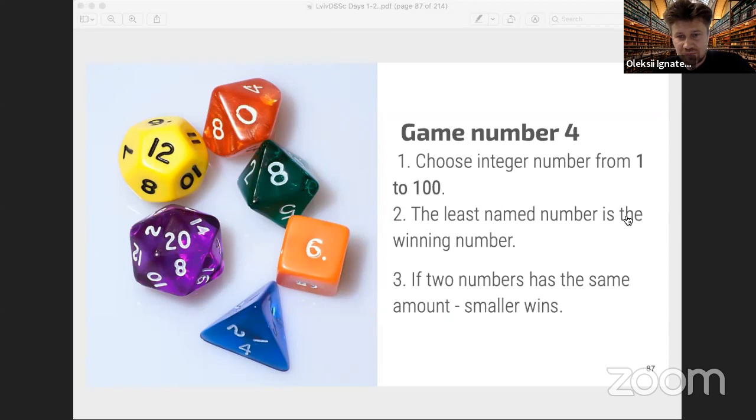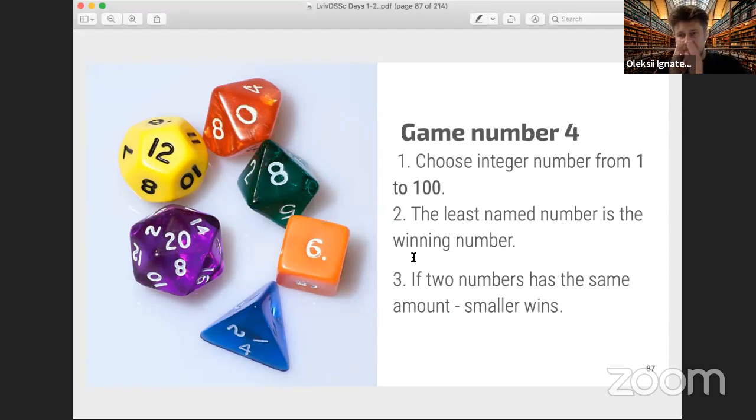Yeah, it's amazing. Okay, so what is interesting about this game? I will show you the distribution a little bit later. The interesting thing is that if everyone chooses one, then even 99 can win. It's usual, but usually people do not always choose one.